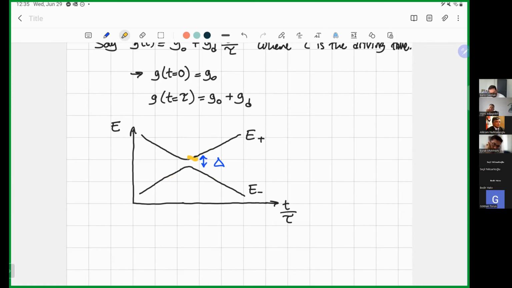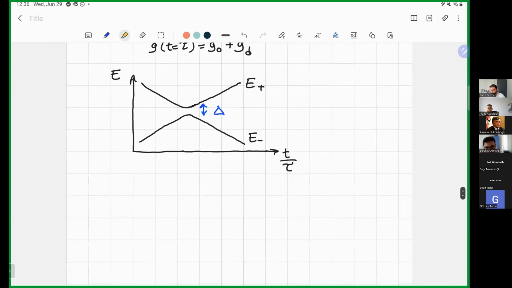The region around this small gap, or the minimum gap, is going to be the problematic region for us. Just keep this in mind, and you will see the direct effect of this gap closing when we talk about the cost of applying this counter-diabatic driving.